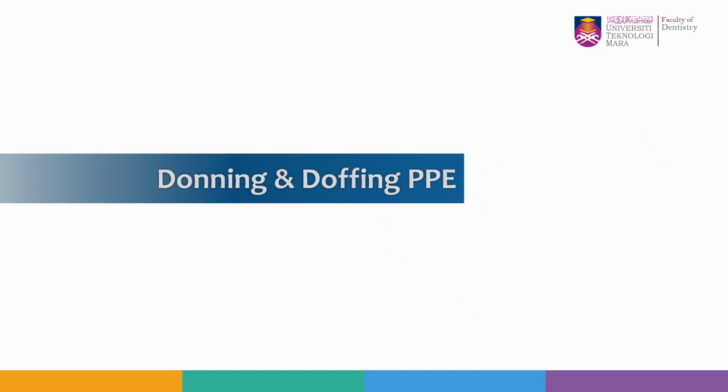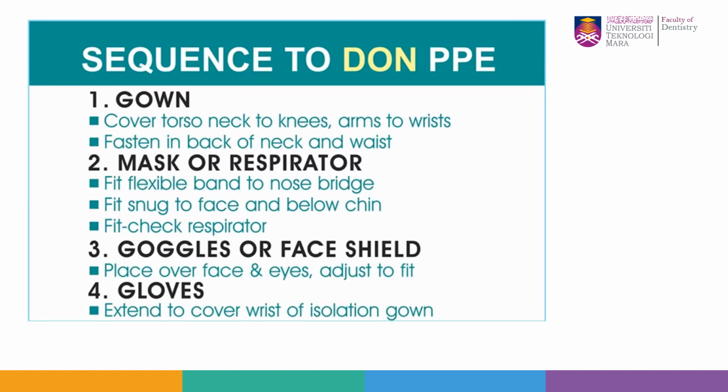All right, let's look at the procedures of donning and doffing of PPE. Sequence to don PPE; don means wear. First, put your gown on, covering the torso from neck to knees and arms to the wrist. Fasten at the back of the neck and waist, which means securing your gown with the ties provided so it doesn't move.